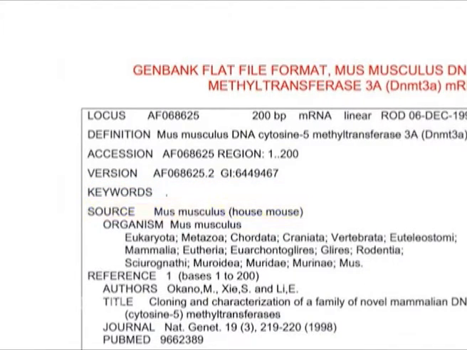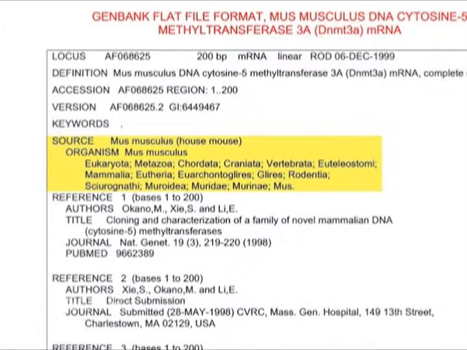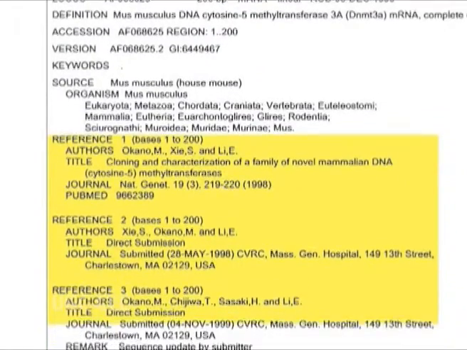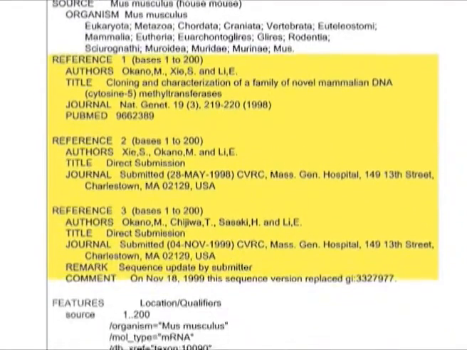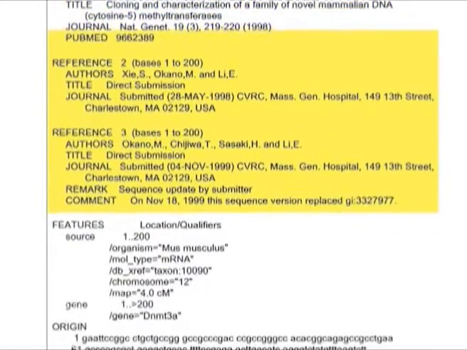Next is a set of source records that are used to describe the organism from which the sequence was extracted. Complete scientific details are given followed by the publication details. Next is a citation section. Each entry is associated with a publication and is given in the section.